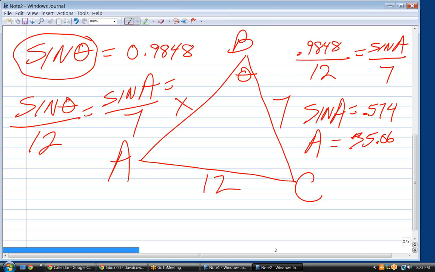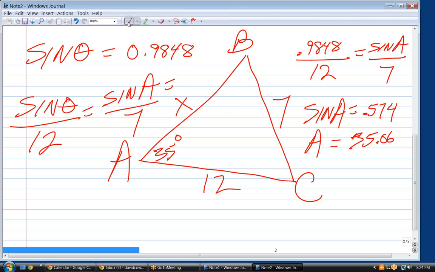In other words, we can solve for theta too. Take the inverse sine of 0.9848. But this tells us that A is 35 degrees. I'm going to round everything off here. It's more understandable that way.